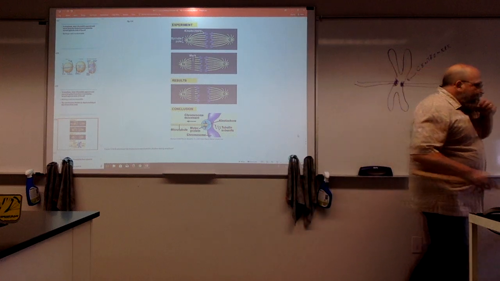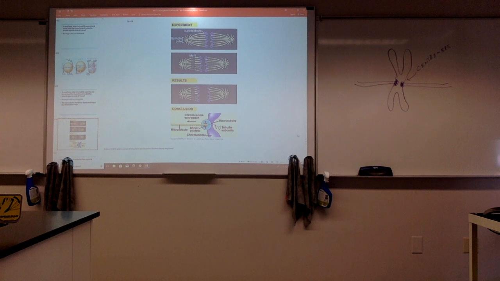Depolymerization, okay? By the way, there's a question in your lab that I kind of pointed out about a textbook hypothesis on how these chromosomes are being moved, talking about the spindle a little bit, and it's referring to this, okay?